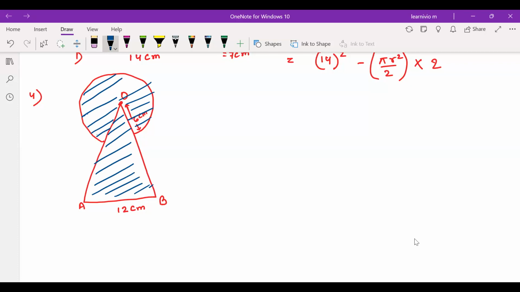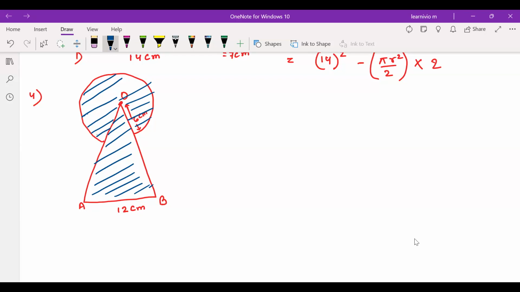So here, let me read the instruction first. Find the area of the shaded region where a circular arc of radius 6 centimeters has been drawn with vertex O of an equilateral triangle OAB of side 12 centimeters. So there is a circular arc which you can see, and the radius of that circle is 6 centimeters.